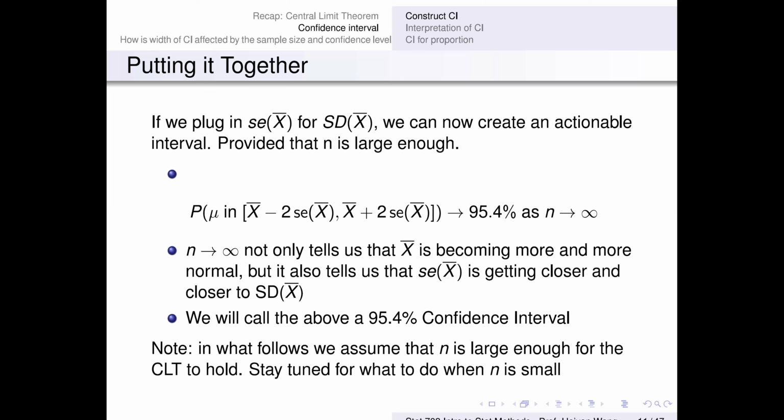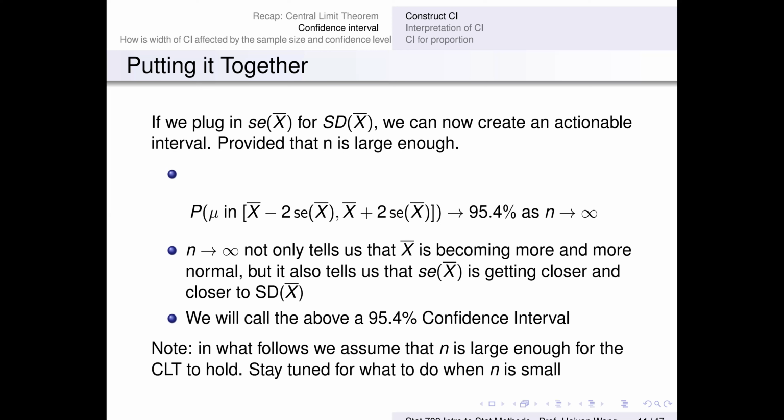And we call this X bar plus minus 2 standard errors the 95.4% confidence interval. And because our sample is random, this interval has this probability of 95.4.